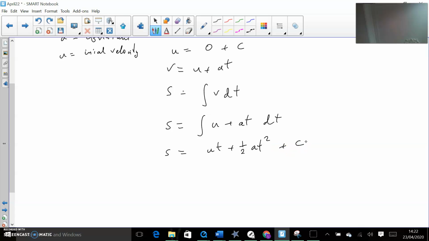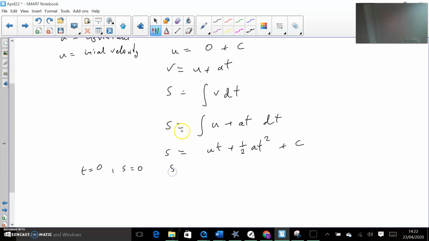Now what should that be? Well, displacement is the change in position, so the change in position from when we start, t is 0, to the time t. So when t equals 0, s equals 0.